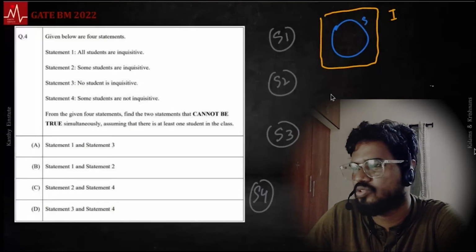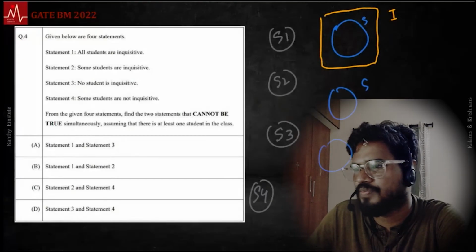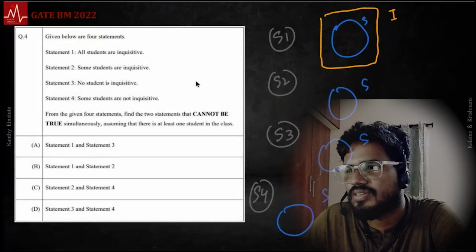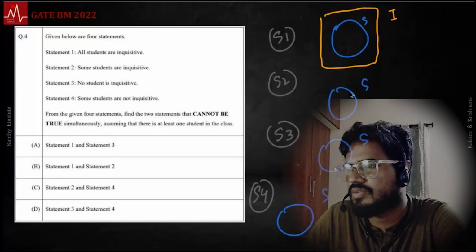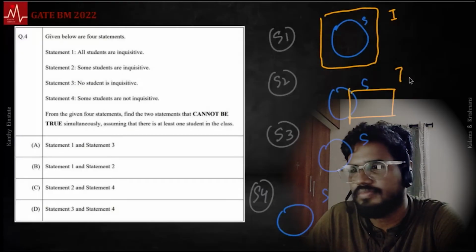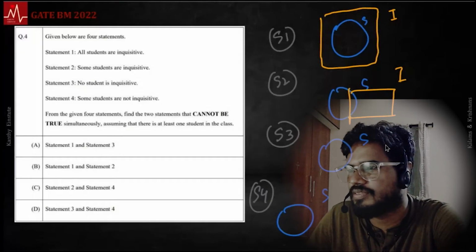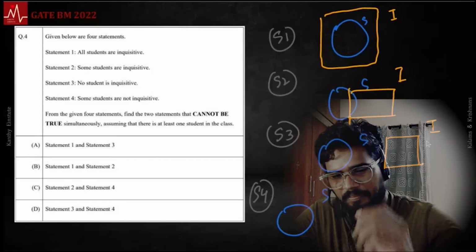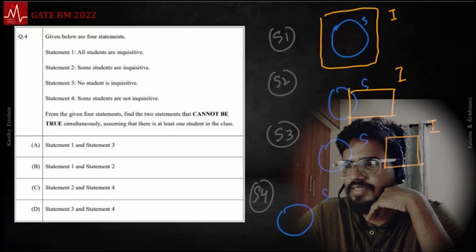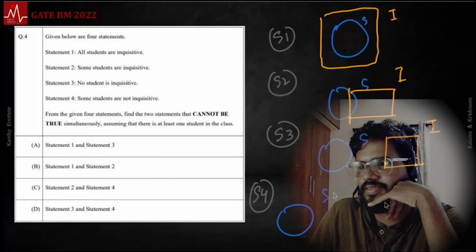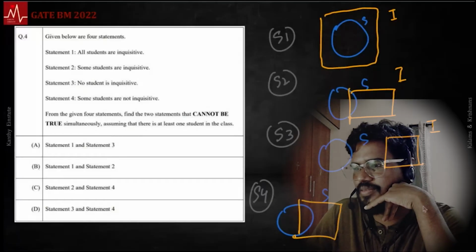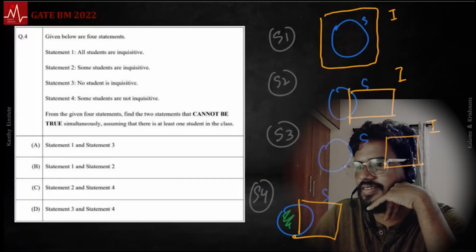Statement one: all students are inquisitive. Statement two: some students are inquisitive. Statement three: no student is inquisitive, so inquisitive is here and students are there. Statement four: some students are not inquisitive. Fine.